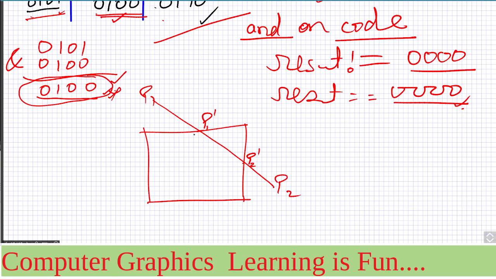How to find this? This line P1, P2 will definitely have two endpoints. Let me call them x1, y1 and x2, y2. Having this information, I can easily find the equation of this line, right? I believe you understand y is equal to mx plus b.